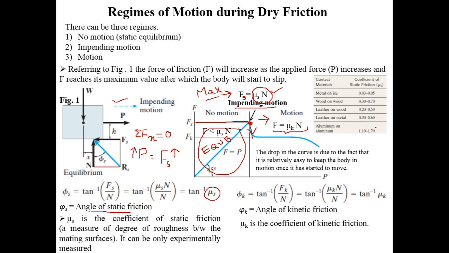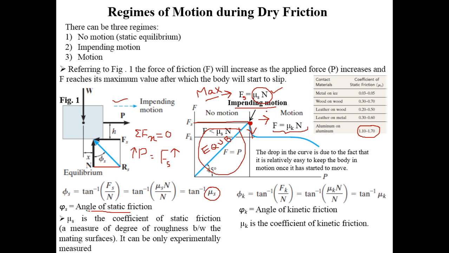And metal on metal is highest. This will produce a lot of friction force and a lot of wear. So mu s depends upon the type of material and the condition of the contacting surface, the roughness condition of the contacting surface.